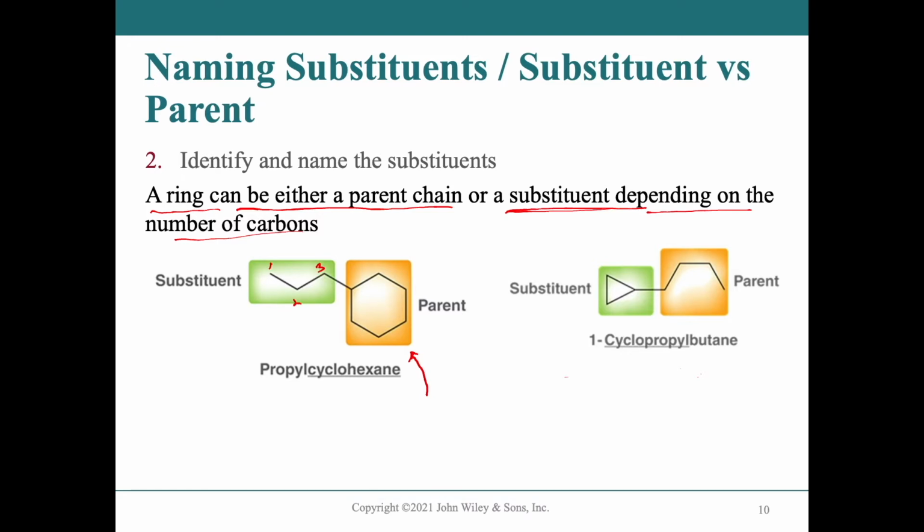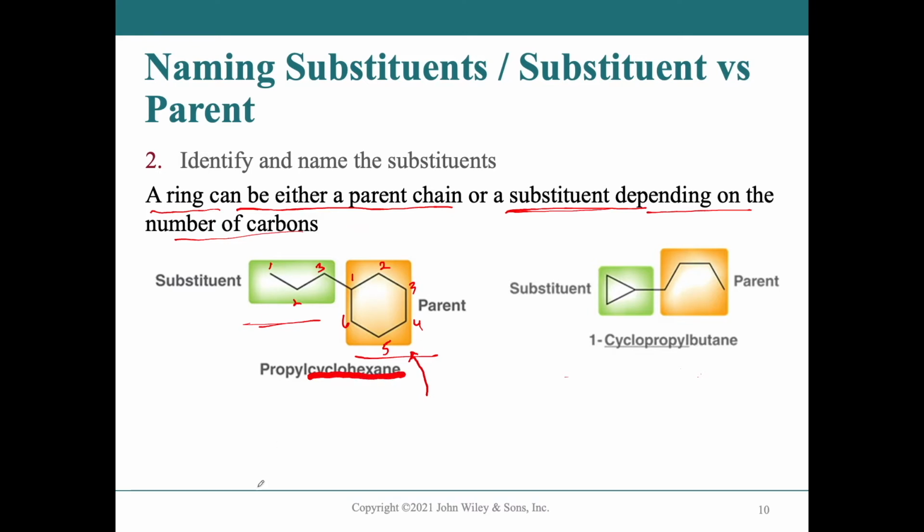But this one here, the cyclohexane here, has 1, 2, 3, 4, 5, 6 carbons on it, right? So you choose whether you're a parent or a substituent by the number of carbons you have, right? And so in this case, the parent is the cyclohexane because it has more carbons than the propyl group, right? So that's why the parent name then is cyclohexane, right?